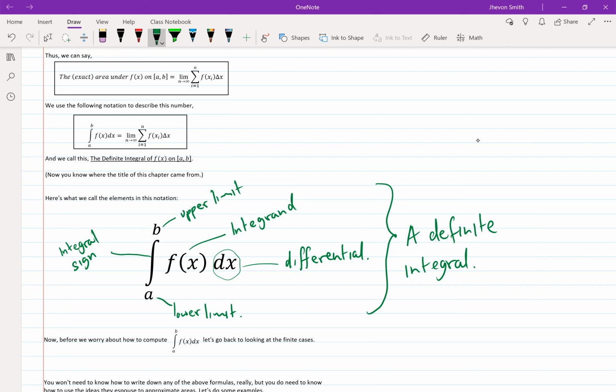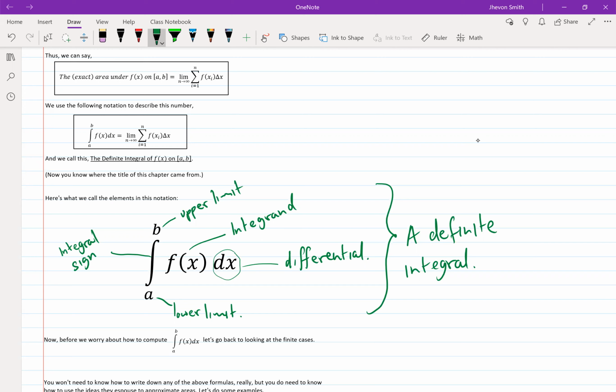The dx kind of tells you which axis you're slicing up the subintervals in. Because we're slicing along the x-axis, where we have the delta x, that's where this notation comes from. So we have this function where we're finding the area under that curve by slicing up intervals on the x-axis between x equals a and x equals b.